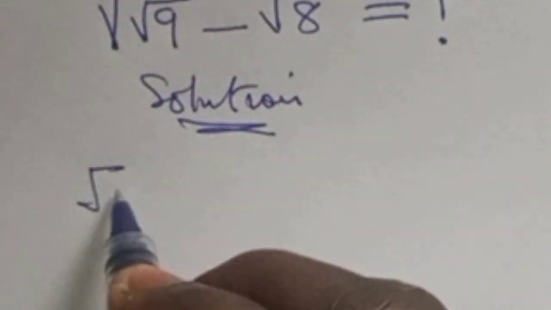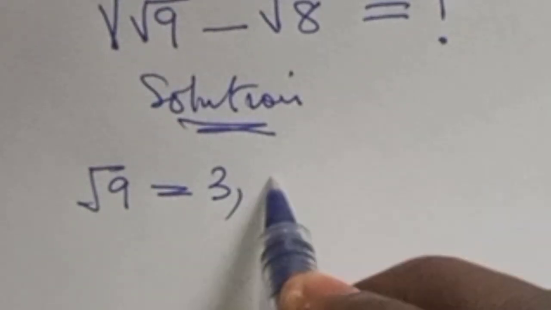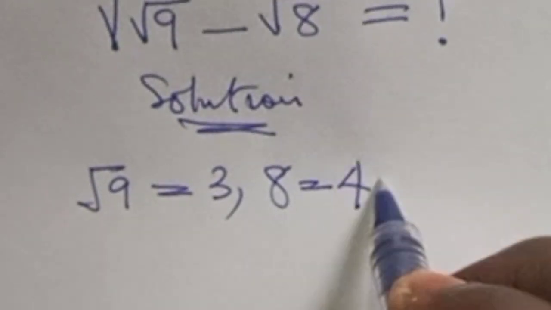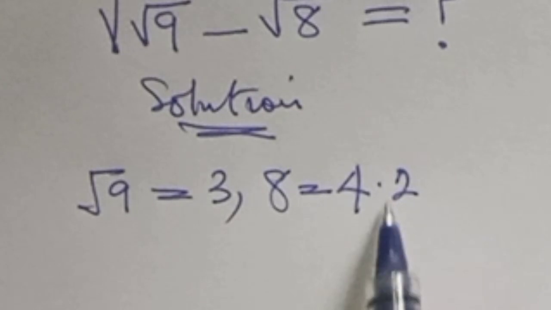we can consider the square root of 9 to be equal to 3, and we decide to write 8 as 4 times 2. And we split 8 into 2, which is 4 times 2.